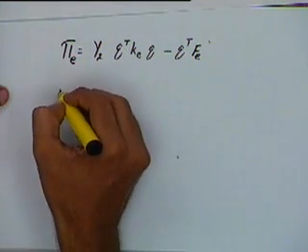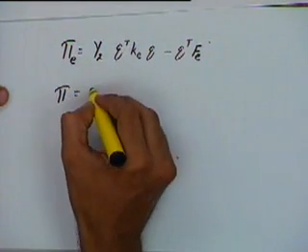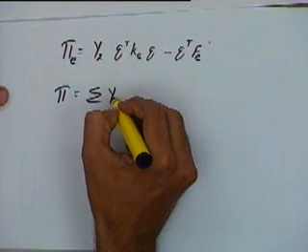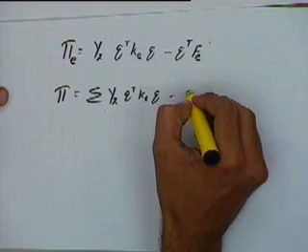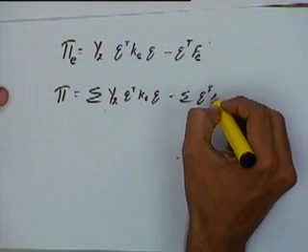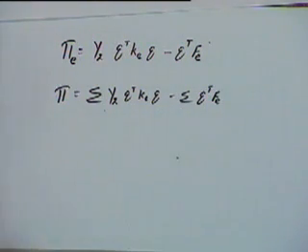And the total potential energy in the system, pi, will be equal to sigma half Q transpose KE Q minus sigma Q transpose FE. Okay. Any questions up to this?